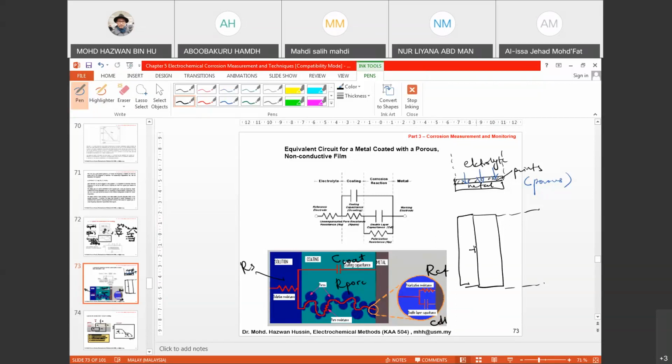So you have over here the double layer, charge transfer, and then you have the coating capacitance and the pore resistance.